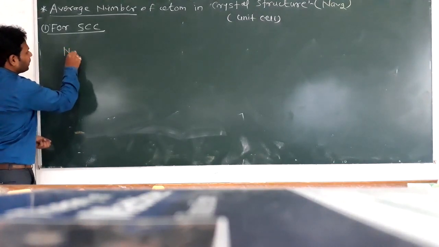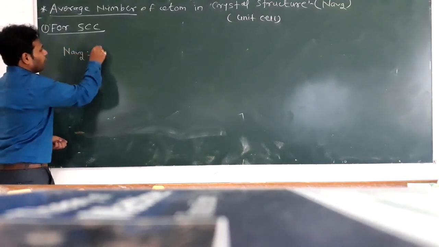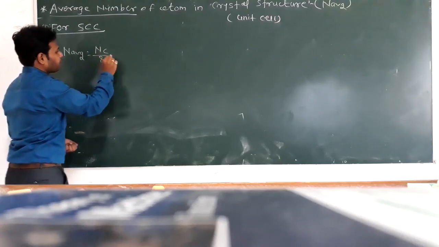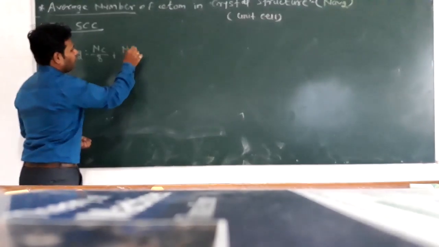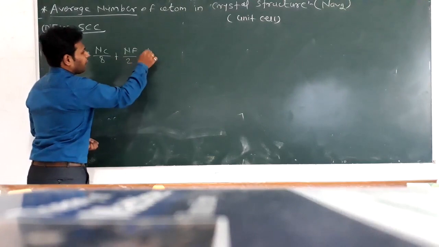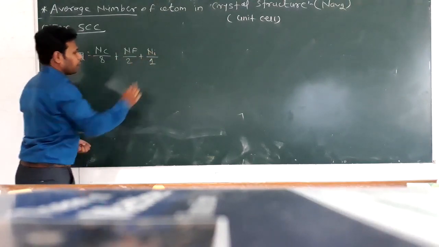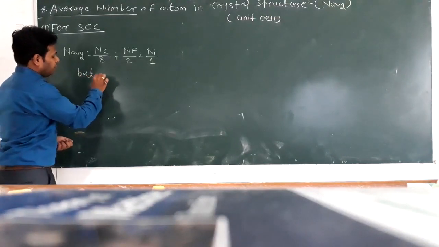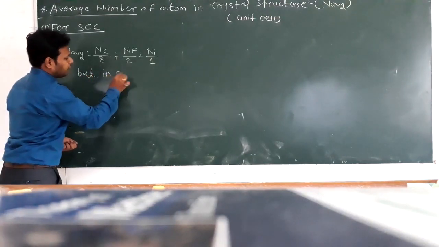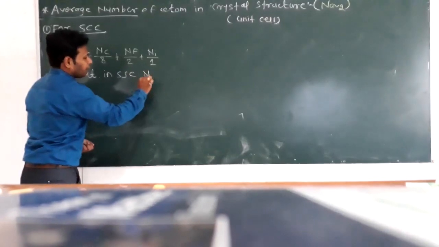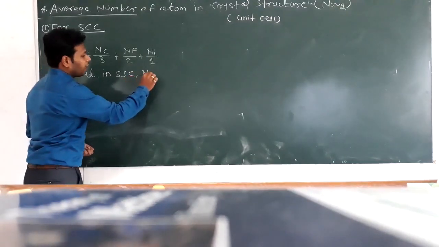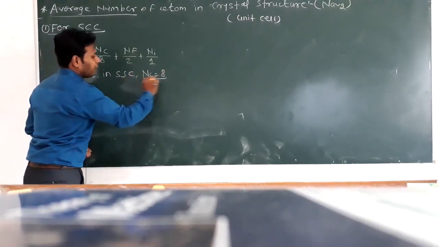N average is equal to Nc upon 8 plus Nf upon 2 plus Ni upon 1. But in SCC only, the number of atoms at the corner is 8.